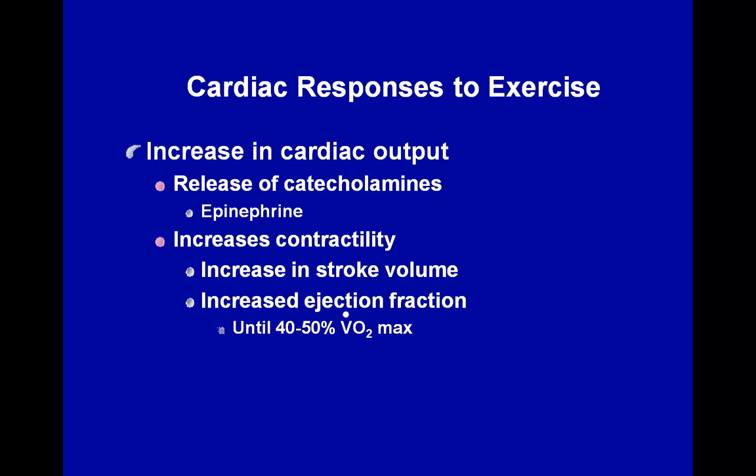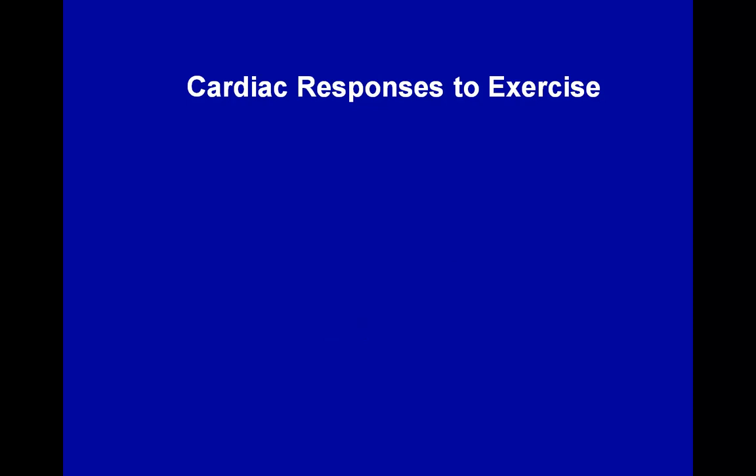But that is really limited. It'll max out stroke volume fairly early in exercise. So once we get to about half of our max VO2, we don't really have any further increases in stroke volume. The rest of our increase in cardiac output then has to happen from other factors, notably increases in heart rate.